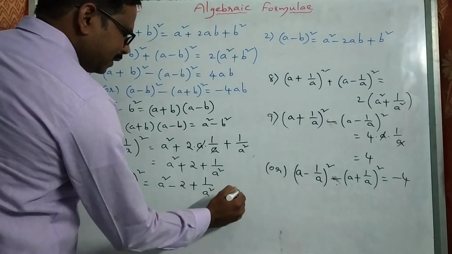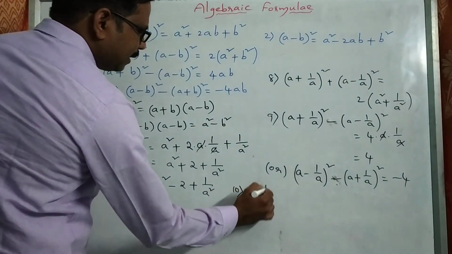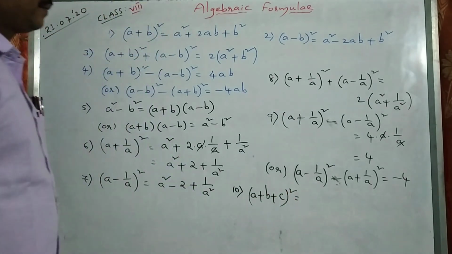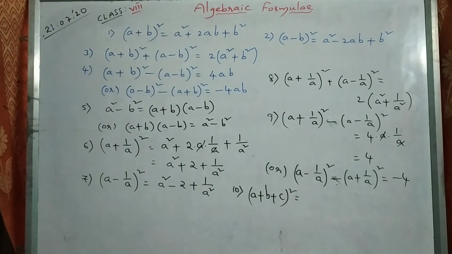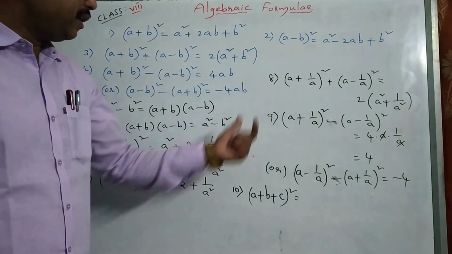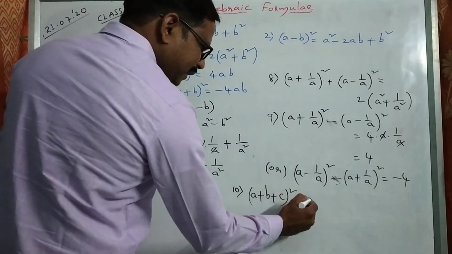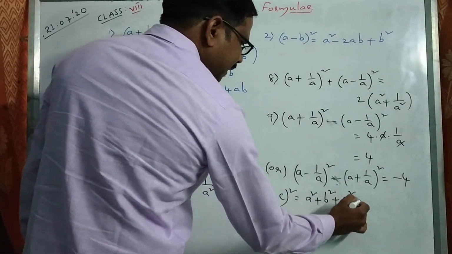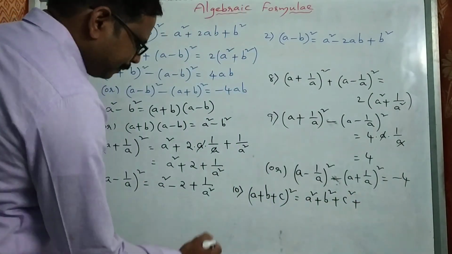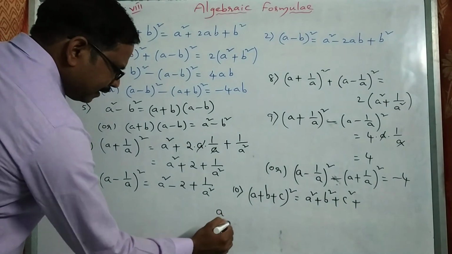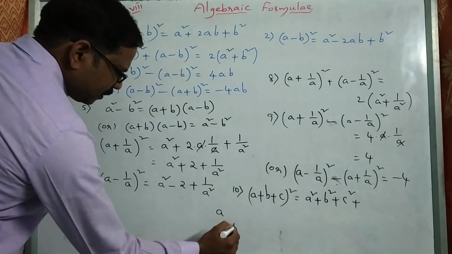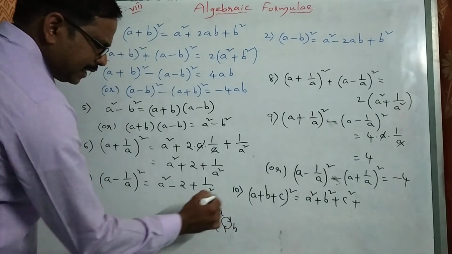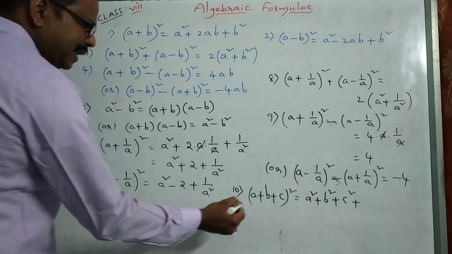Tenth formula, square of trinomial, (a plus b plus c) whole square. Very important. Okay. So these are all square of binomials. So this is square of trinomial. So a square plus b square plus c square plus, easy to remember the formula. I will take like this, a, b, c, cyclic order, a, b, b, c, c, a.